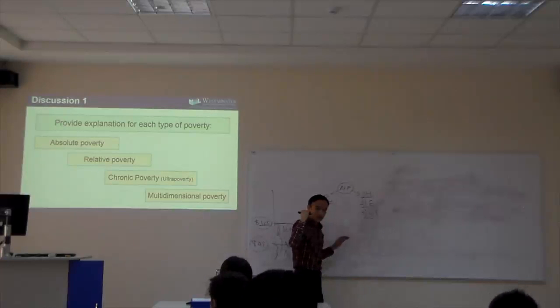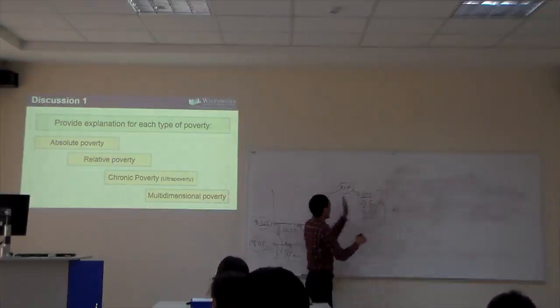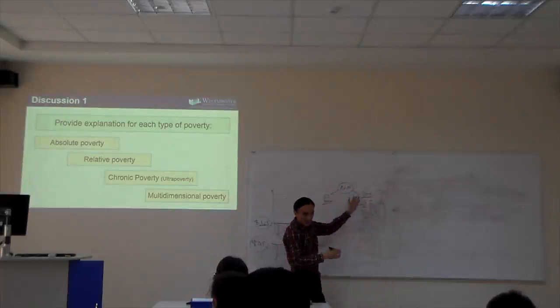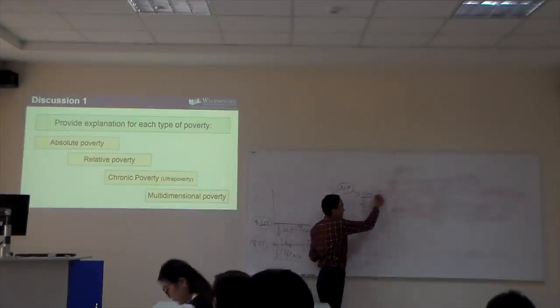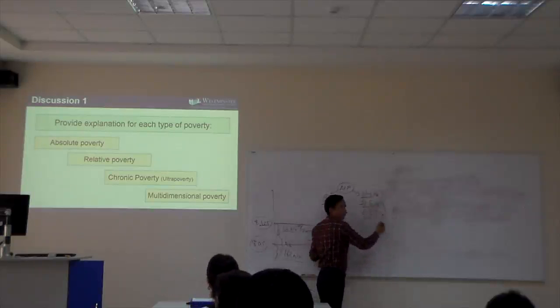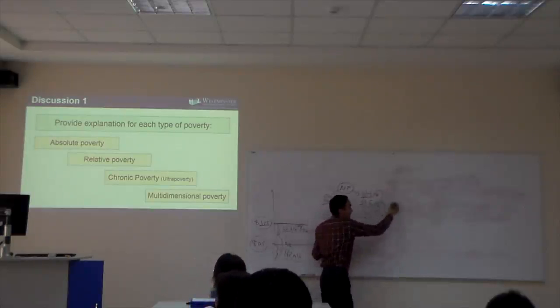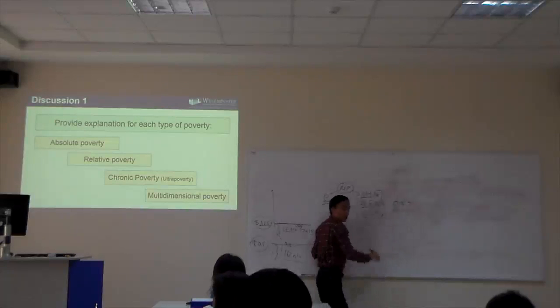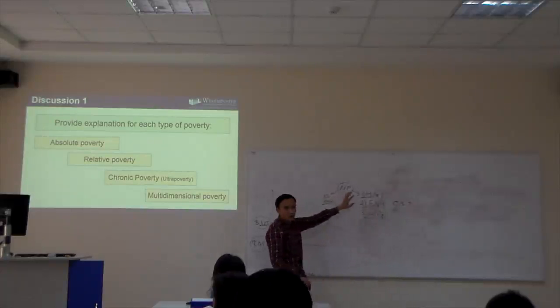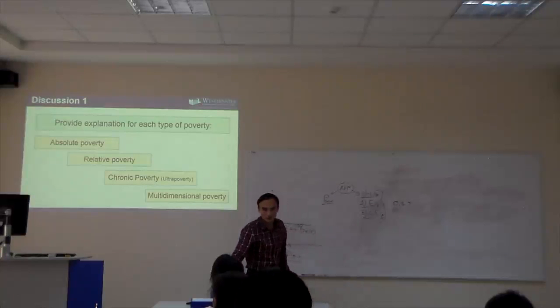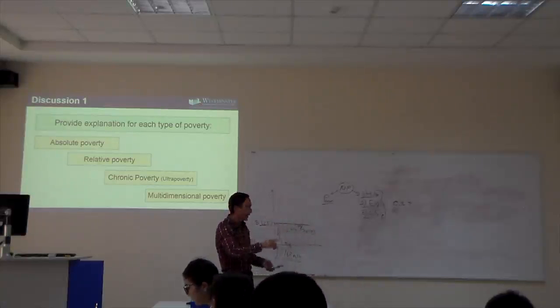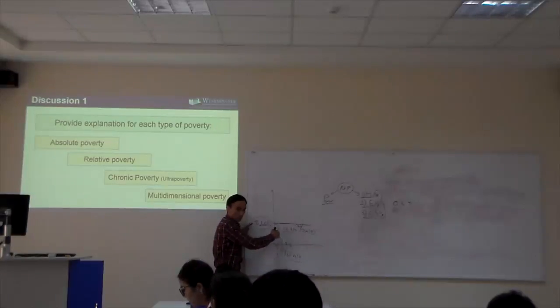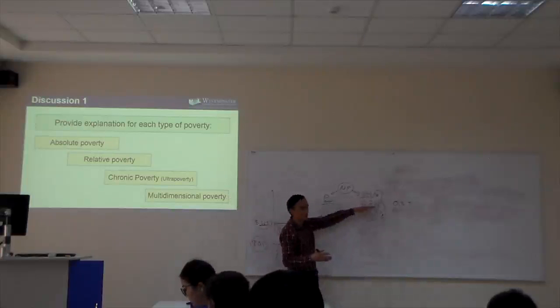Now we will do an exercise. Once we calculate that multidimensional poverty index, based on our calculation, because all of them have their weights, right? Health, education, and living standards each have a weight of 1/3. Each has subcategories, right? If we find that it is over 0.3, which is 30%, then we can say that this household is multidimensionally poor. For example, you can find a household where they are all absolutely poor, but they don't have any problem with this.